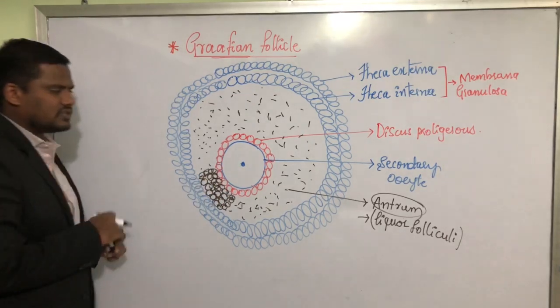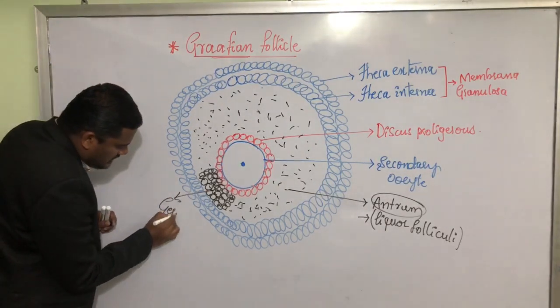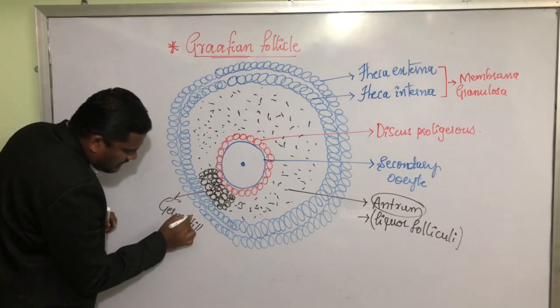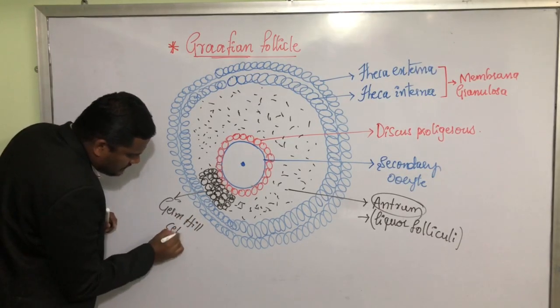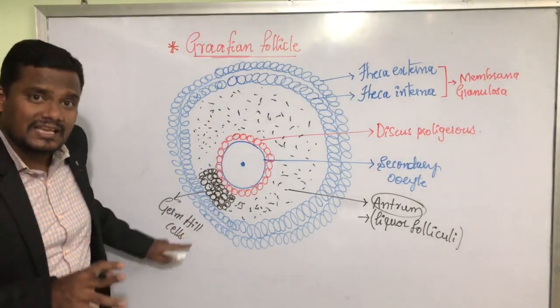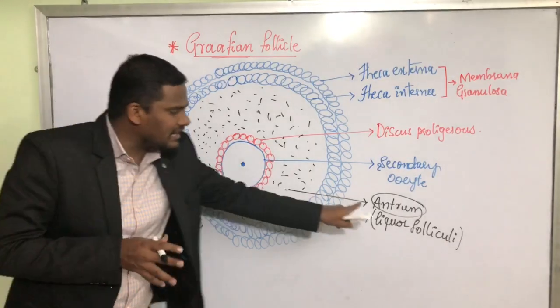This mass of cells is called germ hill, H-I-L-L. What are germ hill cells? They are the cells that hold the secondary oocyte inside the antrum.